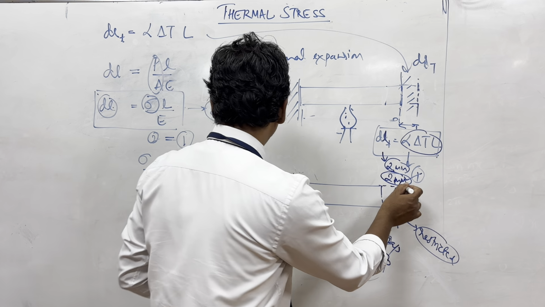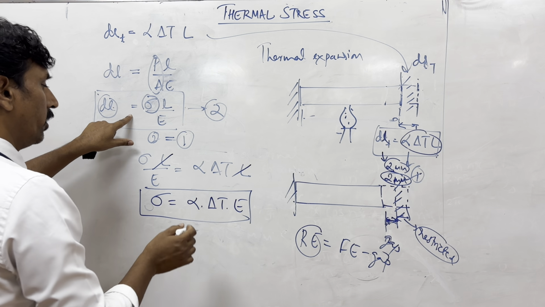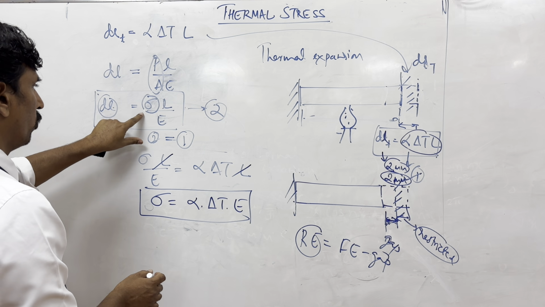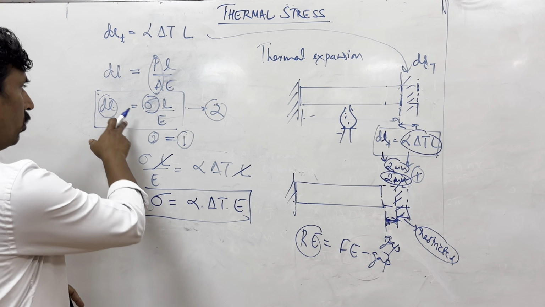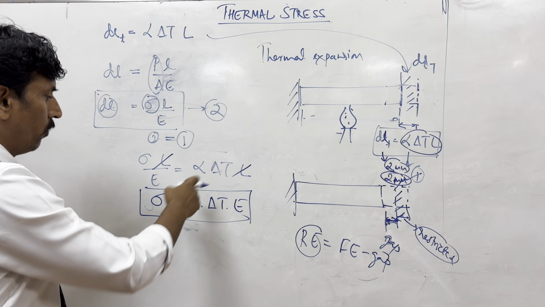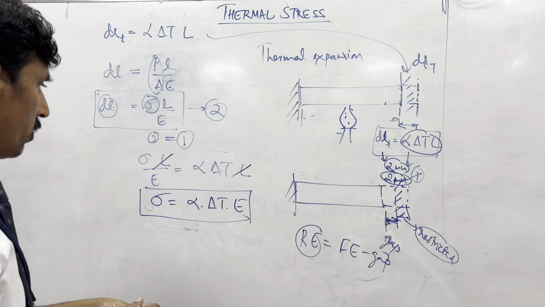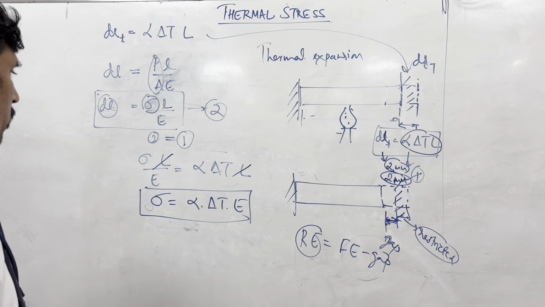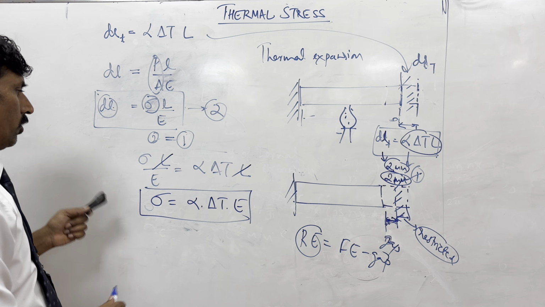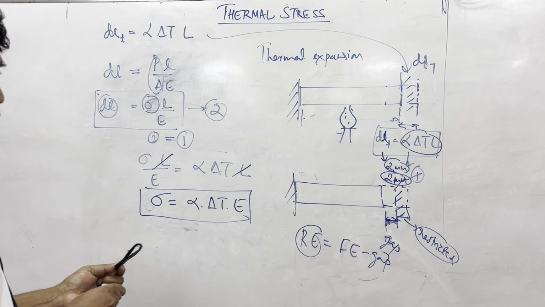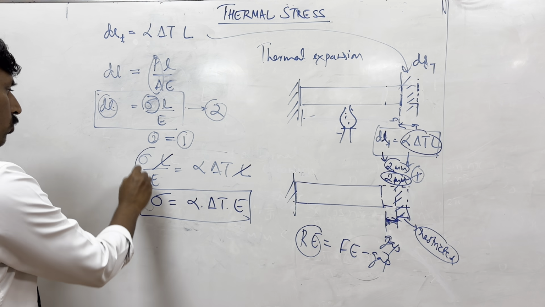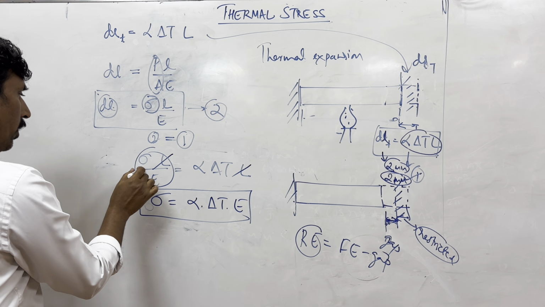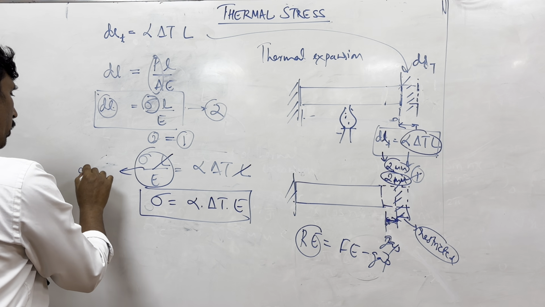That value of 1 mm has to be substituted in this equation. So you have to first substitute this value here and then find the thermal stresses. We'll show you how it can be used. This whole value is called the restricted expansion.